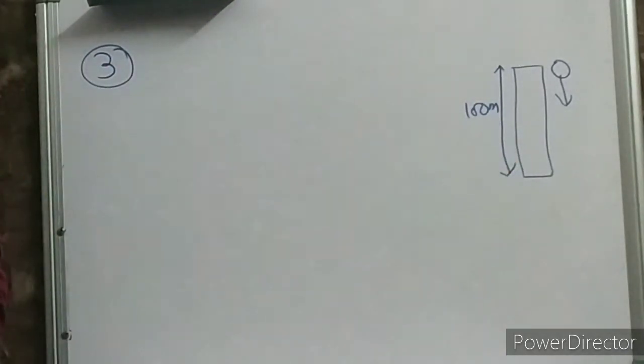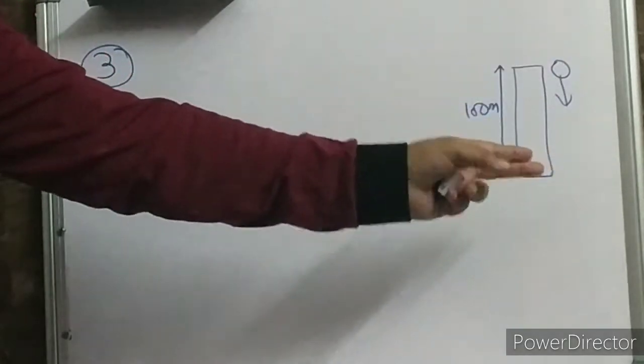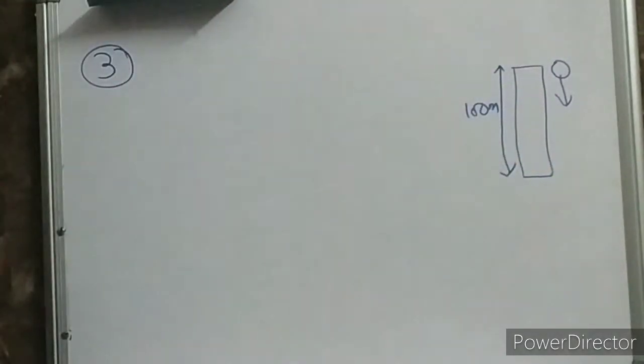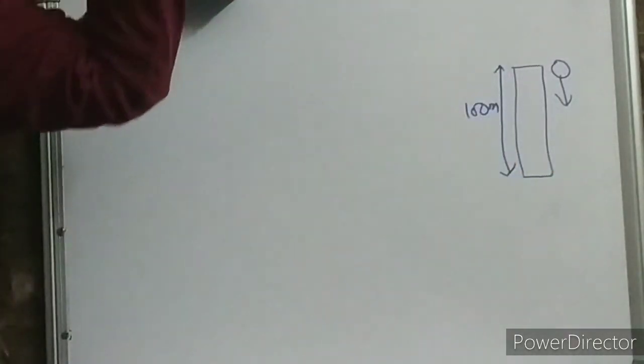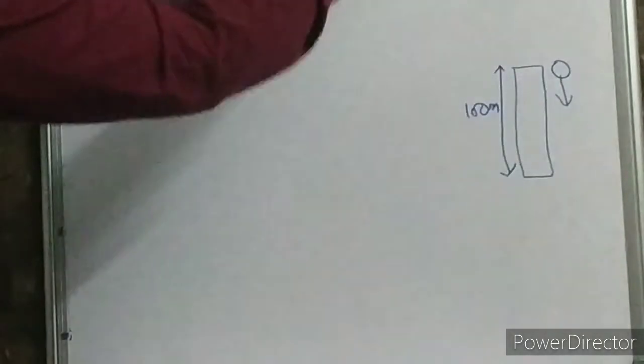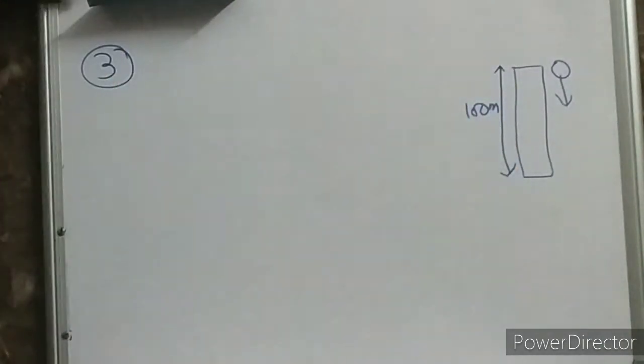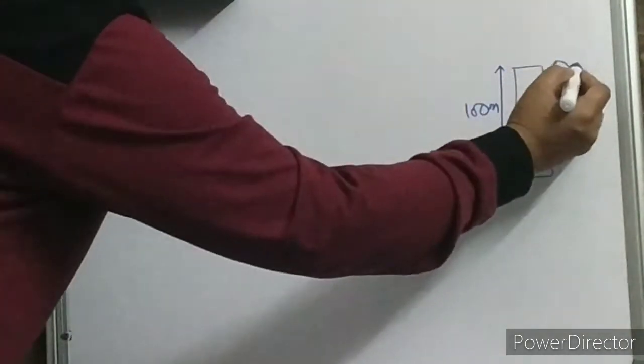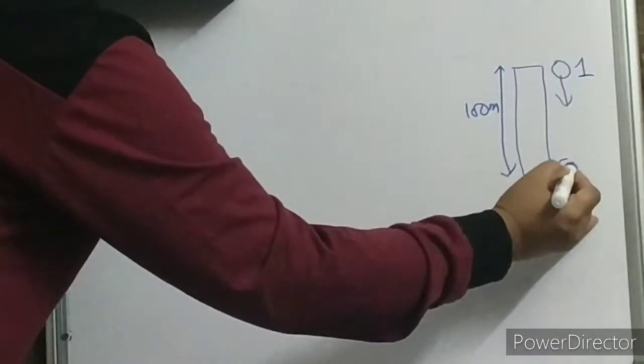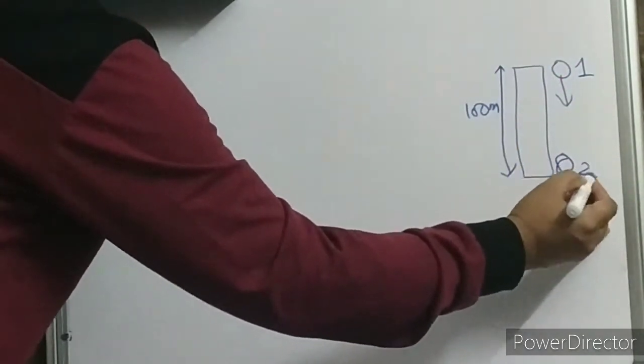And at the same time, when it is falling down, another stone is projected. Projected means going up. Projected vertically upwards. Projected means it is going like this. So suppose this is your stone 1. So another stone, you can make it stone 2.